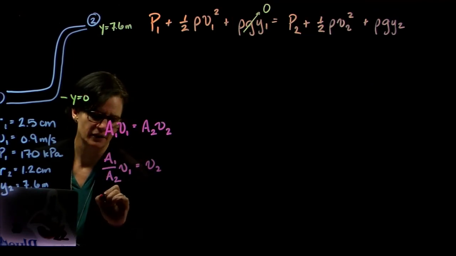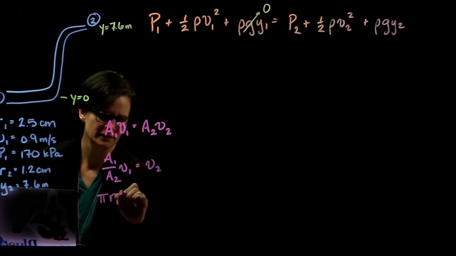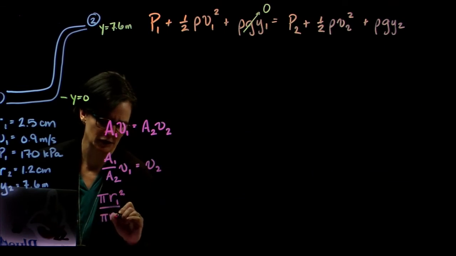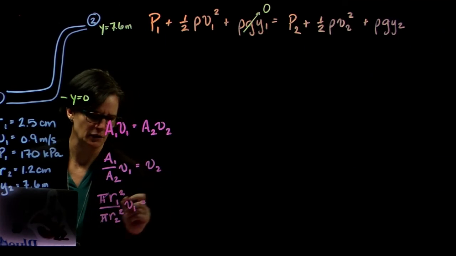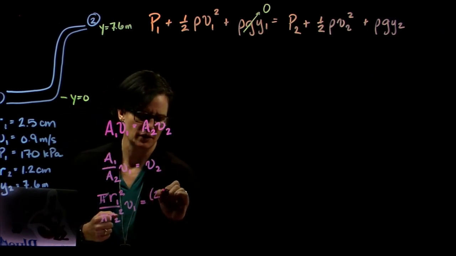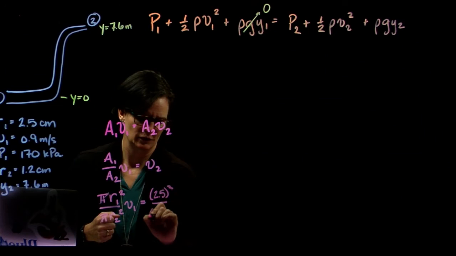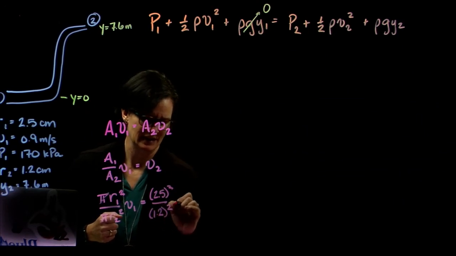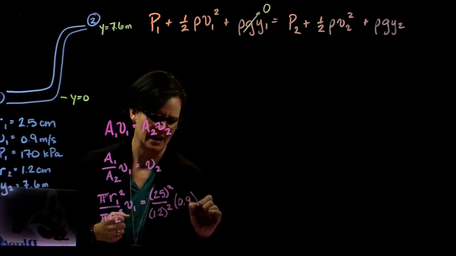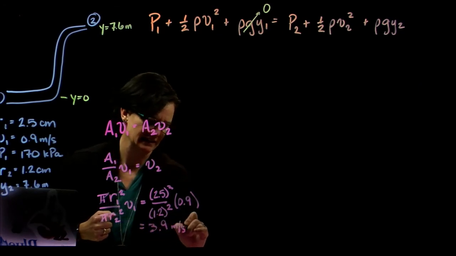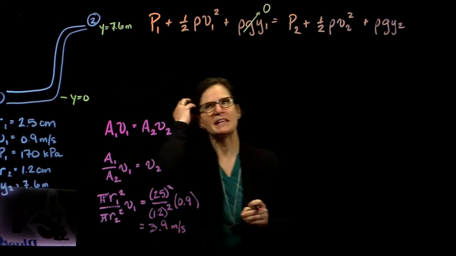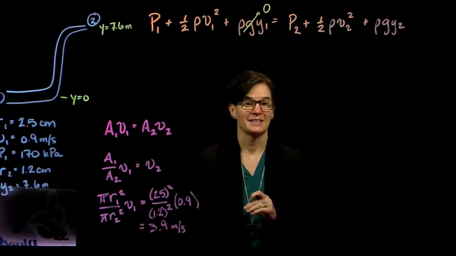So we know our area is pi r1 squared over pi r2 squared times the speed at 1. Our pi's are going to go away. And we have 2.5 squared over 1.2 squared times 0.9. That gives us 3.9 meters per second for our speed coming out at the second floor.